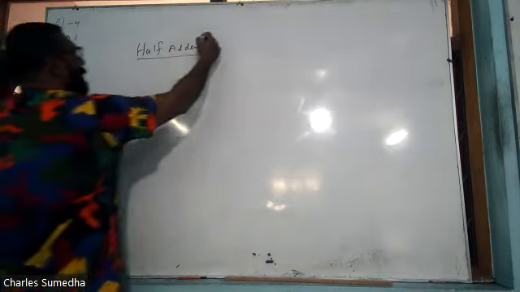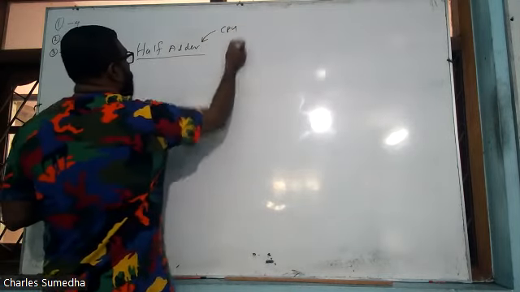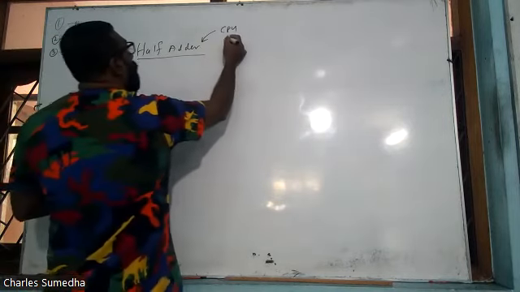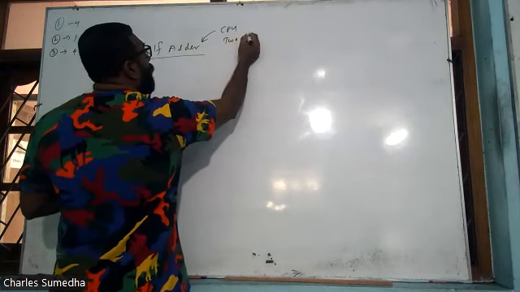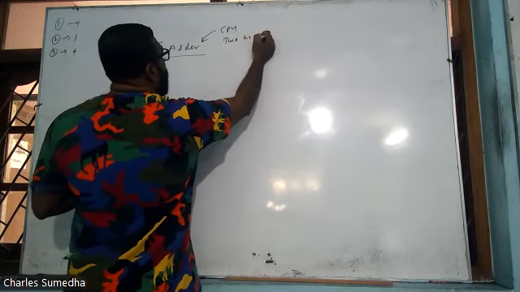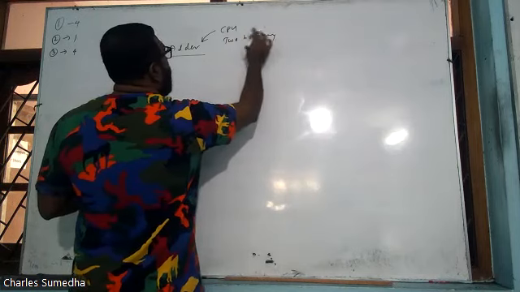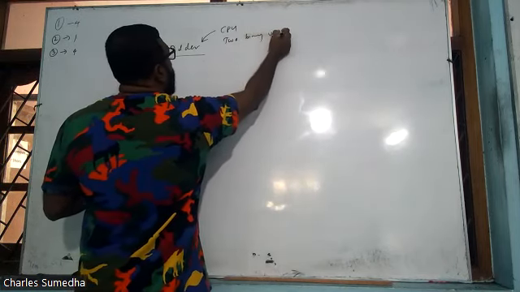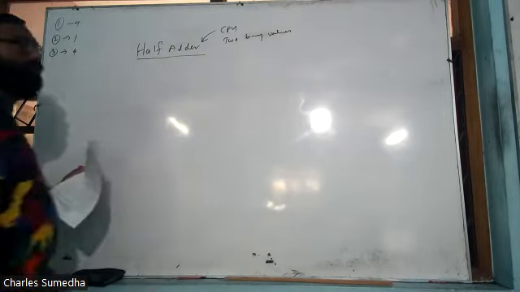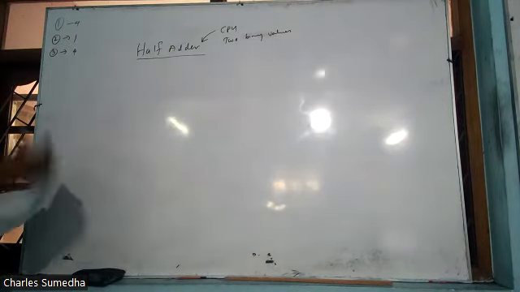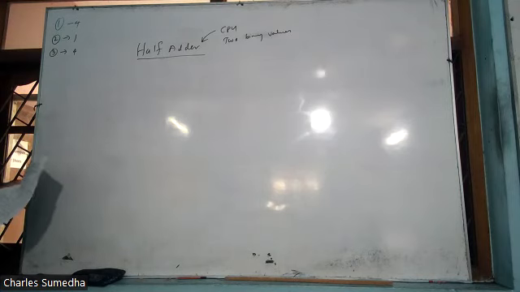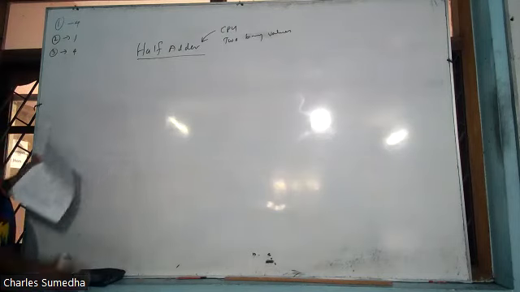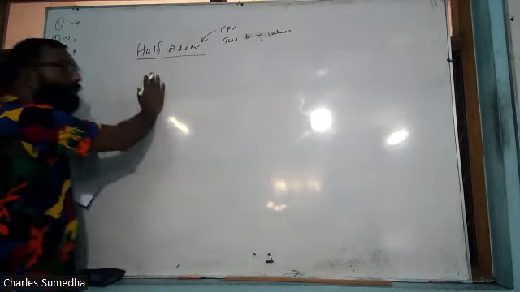So we are using adders inside the CPU to add 2 binary values, 2 bits. We are going to add only 2 bits. Half adder, to do the arithmetic operations, to do the additions. So we are using the half adder.